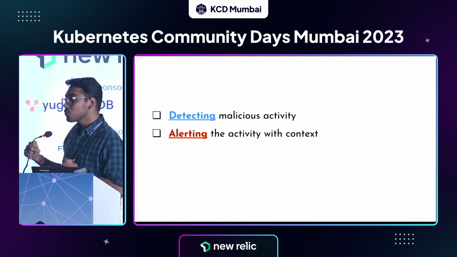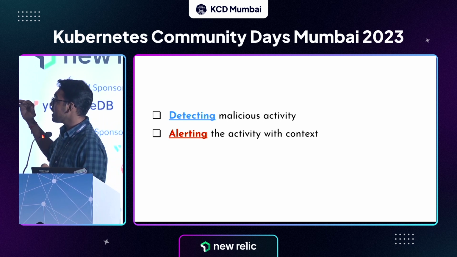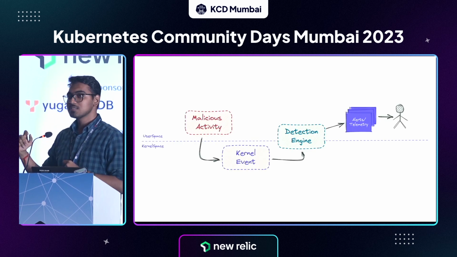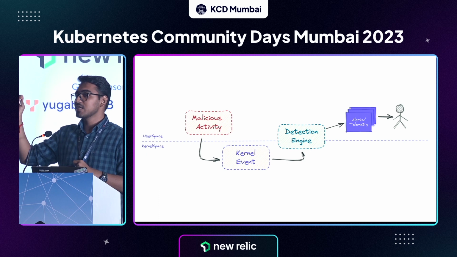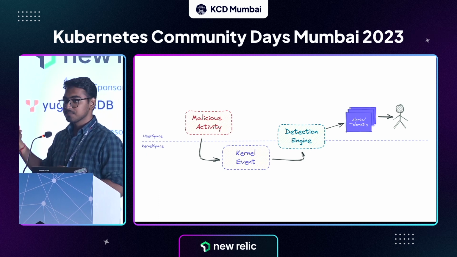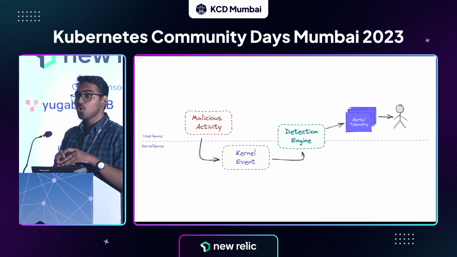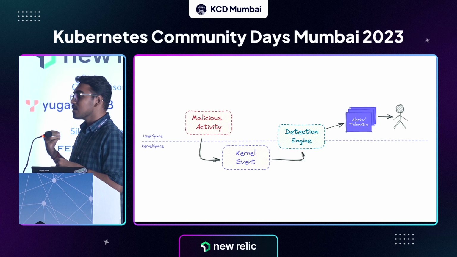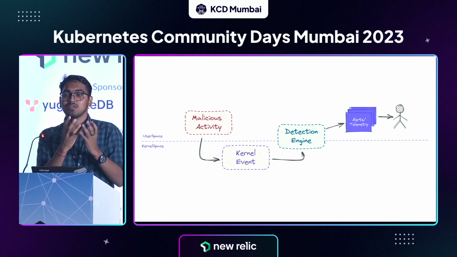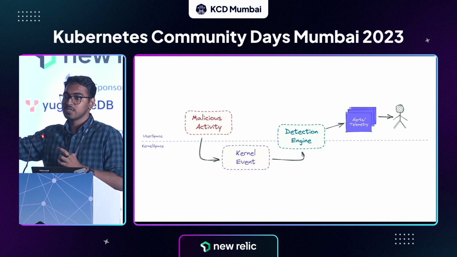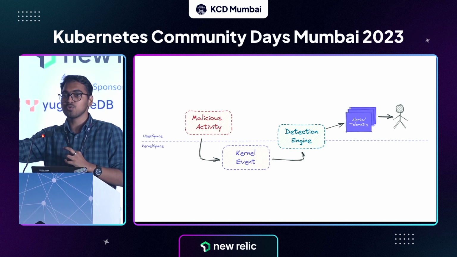So how do we go about detecting and alerting this malicious activity? What happens is, when a malicious activity happens, it triggers a lot of kernel events. So we can hook onto these kernel events to understand what's happening and alert the user that something is happening, and here's a context, a telemetry event for you, that you need to look into.